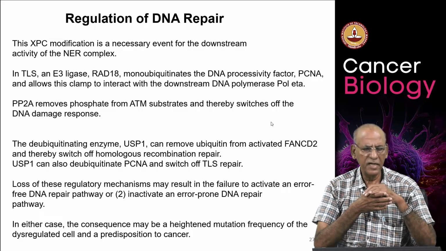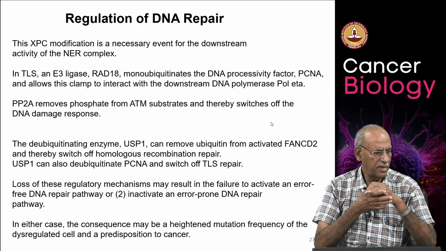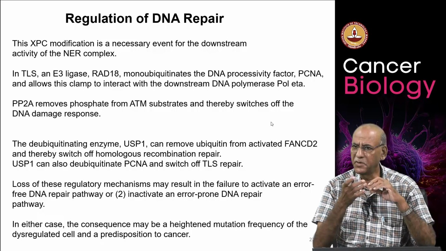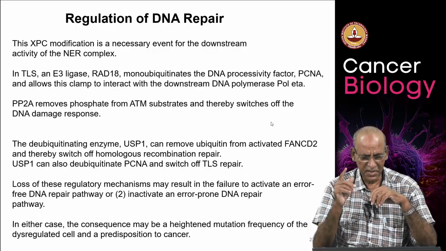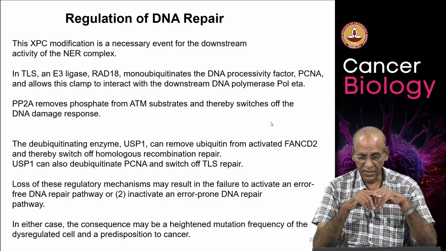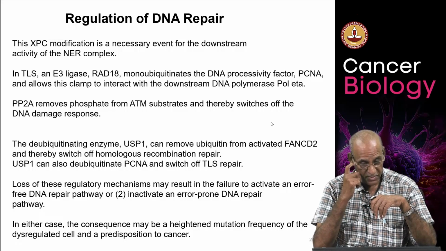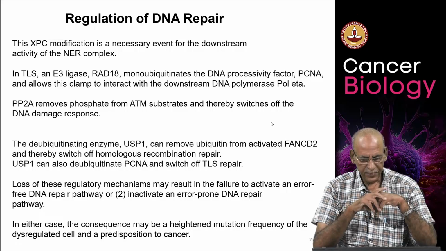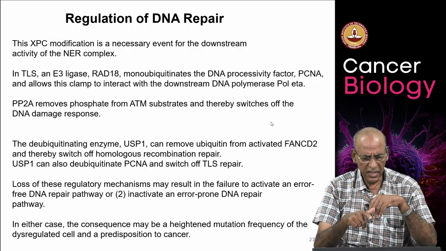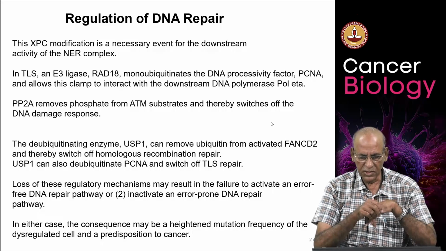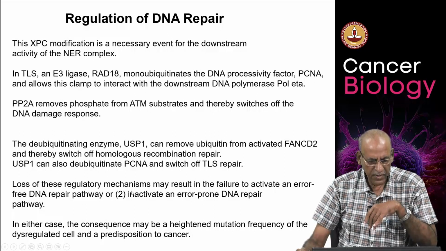It is ataxia telangiectasia mutated, I think. That M I am also forgetting. So, ATM, that is very important. From ATM substrates, later on I will also tell you what is ATM, and there is one more. Then there is a de-ubiquitinating enzyme called USP1.